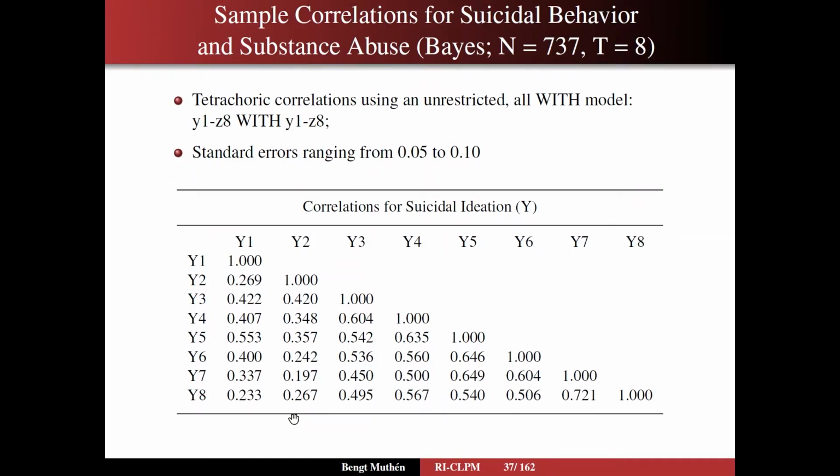On slide 37, we then have the sample correlations for, in this case, suicidal ideation. And that's obtained by the unrestricted all-width model that I discussed earlier, the tetrachoric correlations. In this case, the standard errors for these range from 0.05 to 0.10, so that gives you the precision of these estimates.